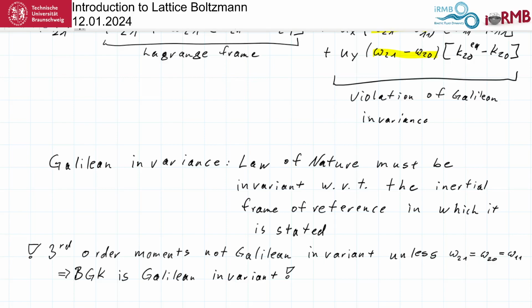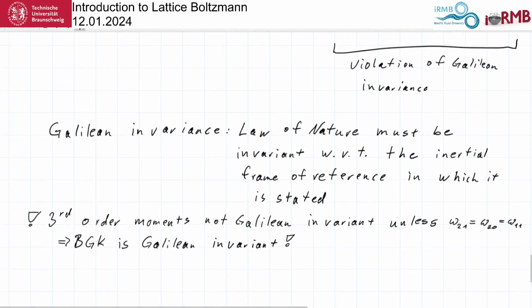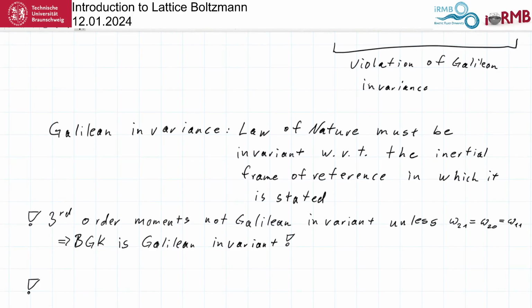It was completely independent of the discretization. Yeah? So we did not assume any discretization. So this would happen for any discretization. So it's not an artifact of the discretization, but it is a problem with the concept itself.